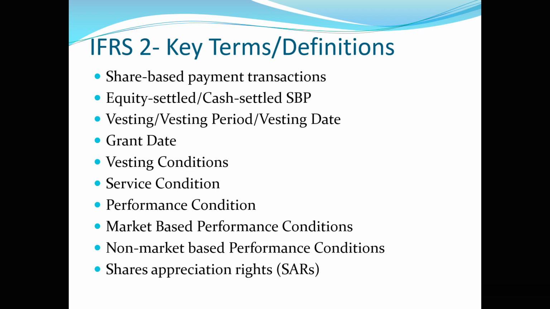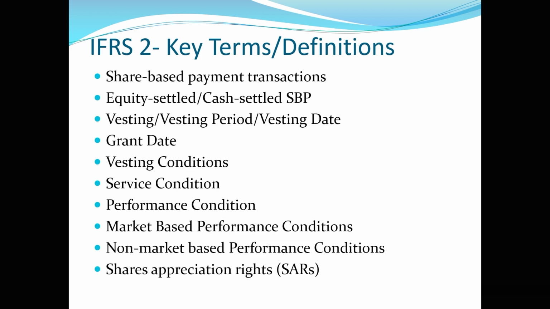Now, the distinction between equity settled and cash settled. With equity settled, the entity pays with equity instruments. So, for example, we will issue shares or share options. But with cash settled, the entity will pay cash, but the cash amount will be determined by reference to the equity price, the share price.